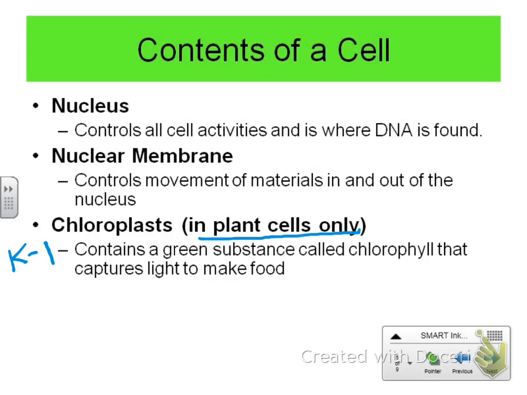Okay, now what makes them green? The chlorophyll. And we use chlorophyll to capture light and make food. And what process is that called? Photosynthesis. Very good. Okay, so make sure you add that. So this is where the photosynthesis happens in your plants, is in the chloroplast.